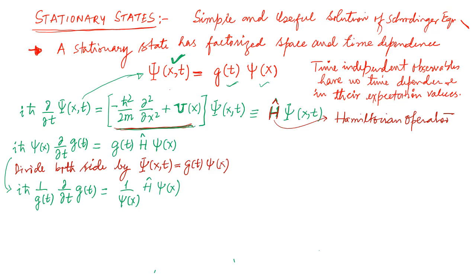Now you can see the left hand side and the right hand side. The left hand side is totally time dependent, and the right hand side of this equation is totally space dependent. So it is not possible that the left hand side is time dependent and the right hand side is space dependent and they are equal. This is not meaningful.